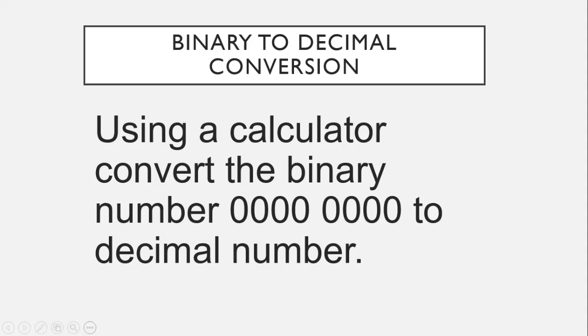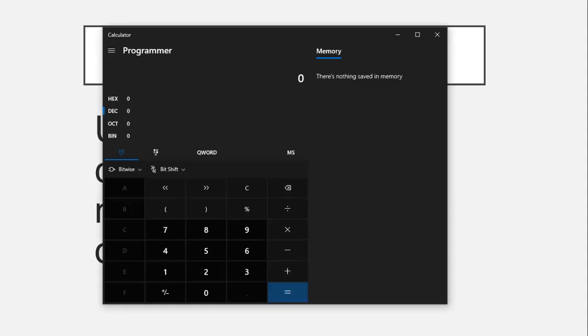Now let us use your Windows calculator to convert binary to decimal. So let us open your Windows calculator. There you go. Windows has a built-in calculator.